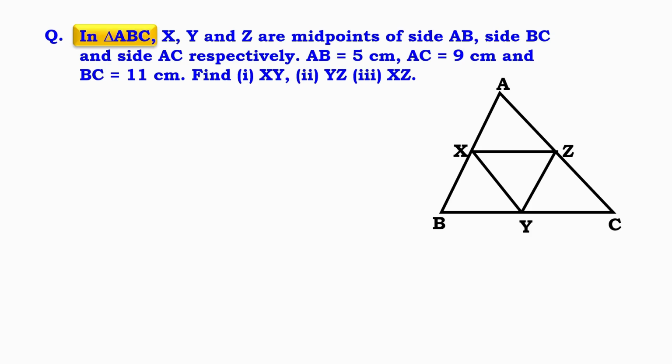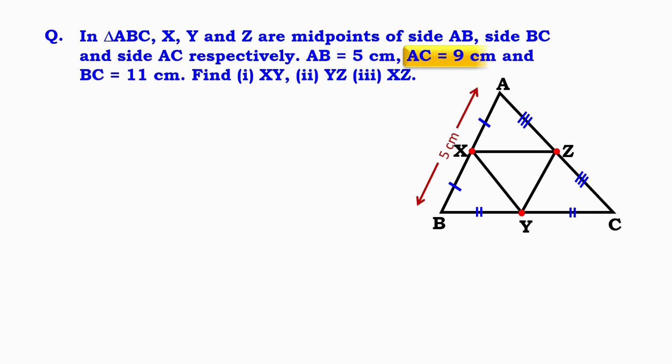Okay. So what is given over here in triangle ABC? So this is a triangle ABC. X is the midpoint of side AB, correct? So that means BX equal to XA. Similarly, Y is the midpoint of BC, so that means BY equal to YC, and respectively Z is the midpoint of side AC, so that means AZ equal to ZC.